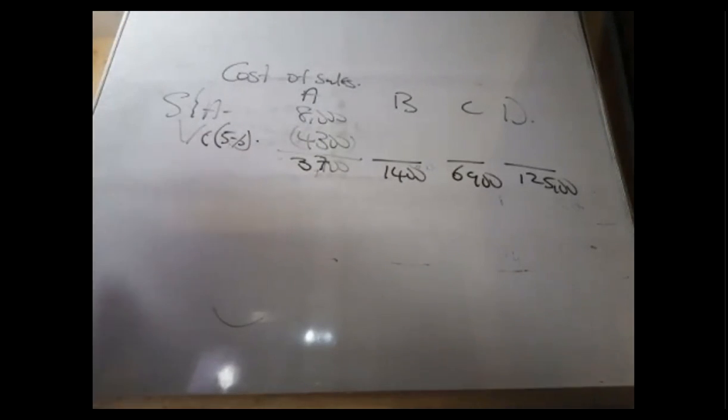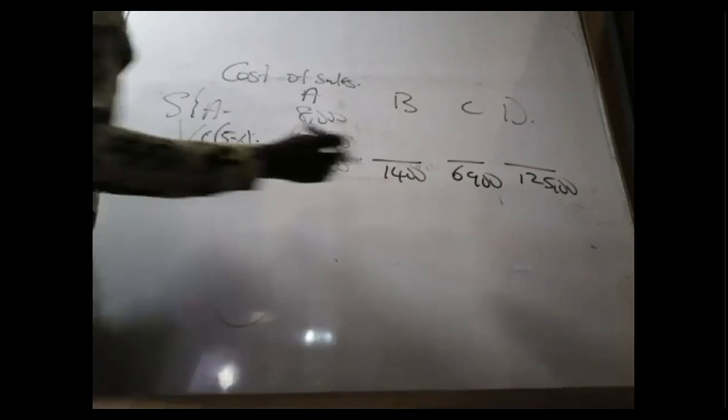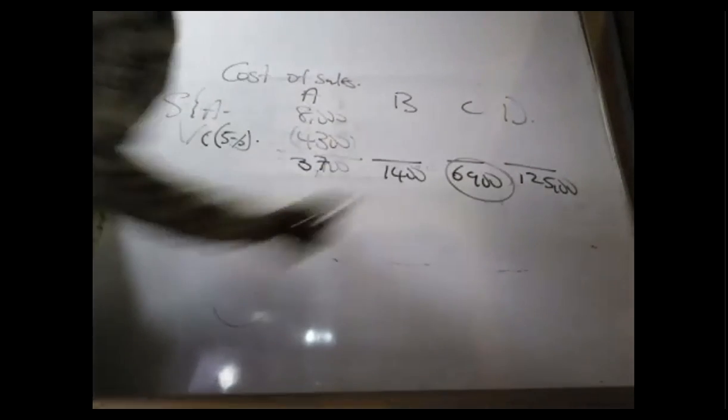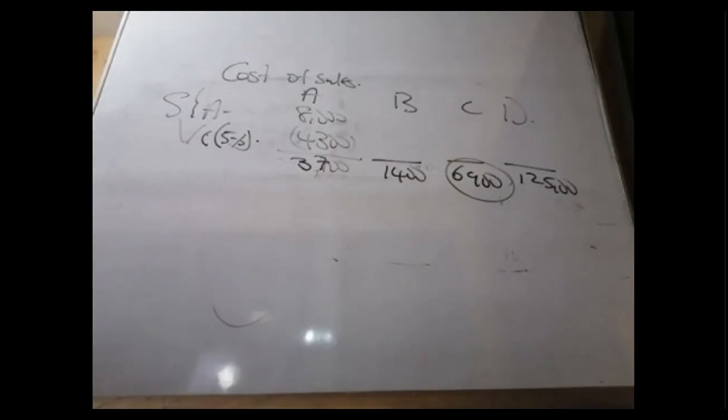So there are two fixed costs here. 7,400 for C. 7,400 for C. So can we check the answer again? Okay.